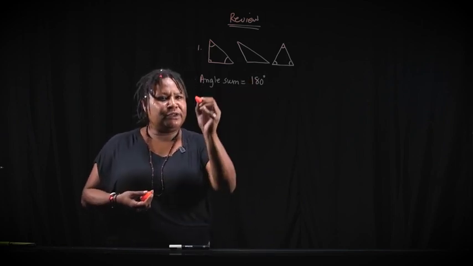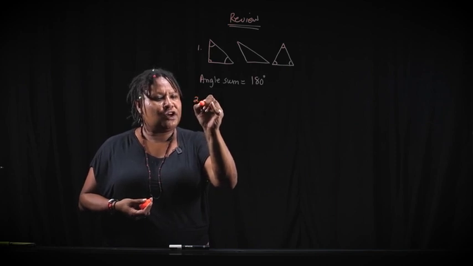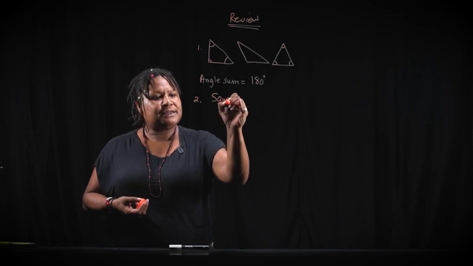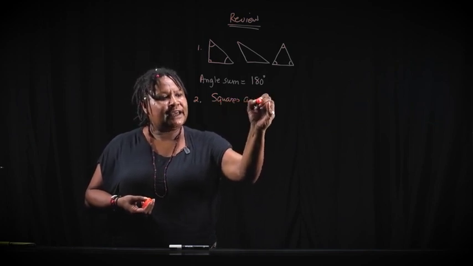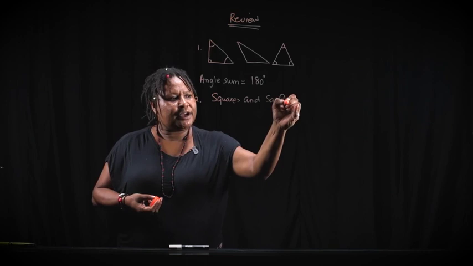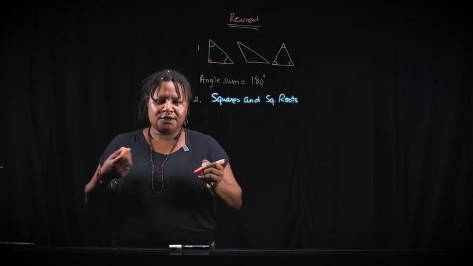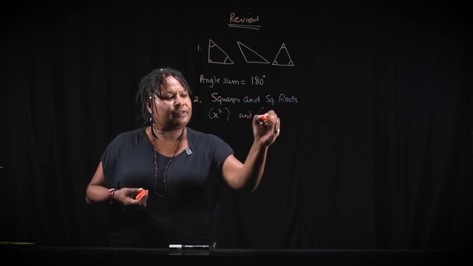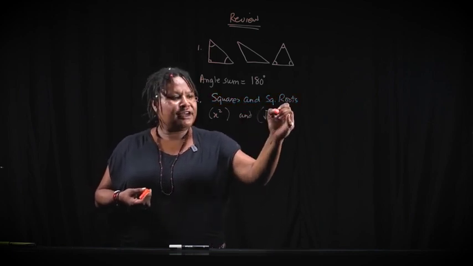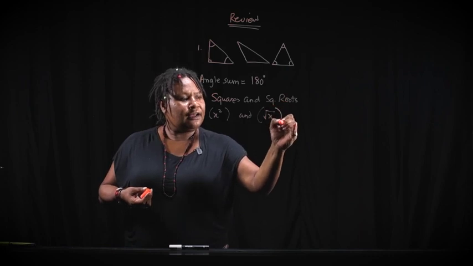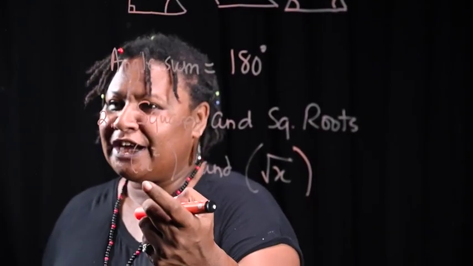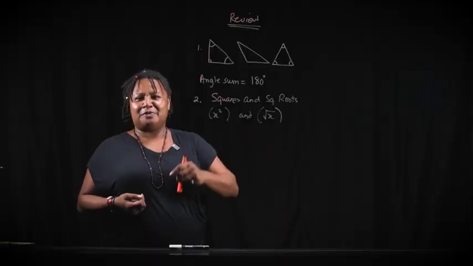When we were done with this, we moved on into squares and square roots. Remembering our symbols here, we looked at squaring a number and taking the square root of a number.